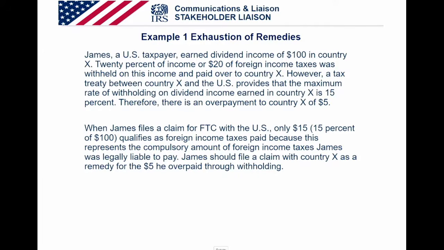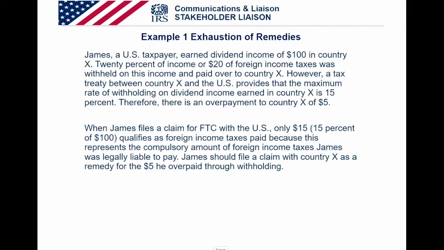But the refund is still rejected. So the cost of pursuing any judicial remedy in country X would be unreasonable in light of the amount at issue and the likelihood of success. So James decides not to pursue any judicial remedy. The $5 is now a compulsory payment and may be eligible for the FTC.